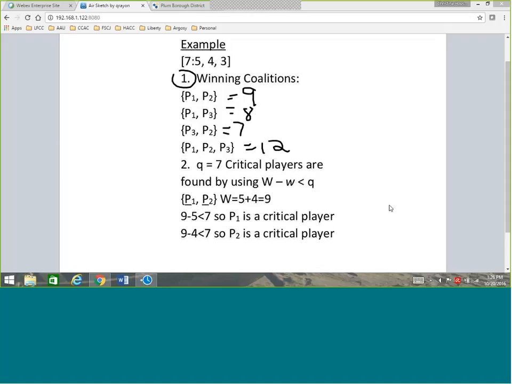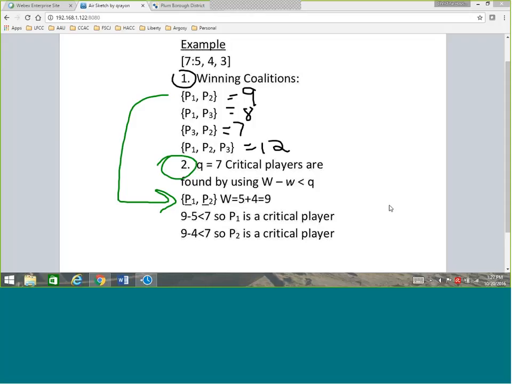So now, step 2: we're going to find the critical players in each coalition. I look at the first one from up here. Remember that capital W is the sum of the weights, which would be 9.